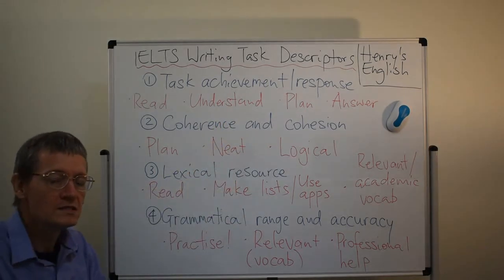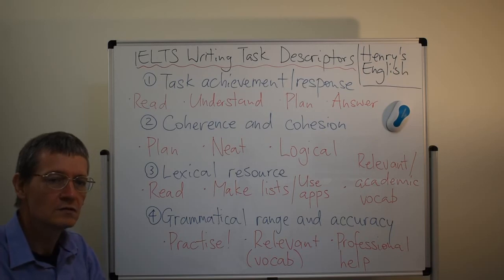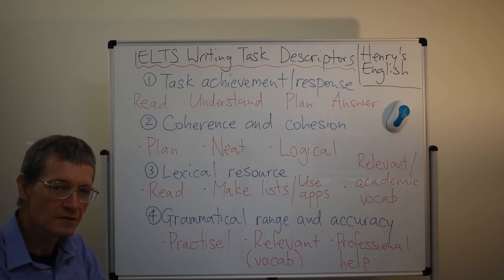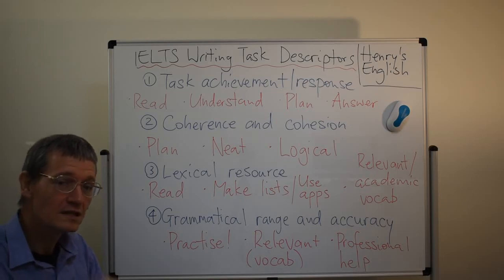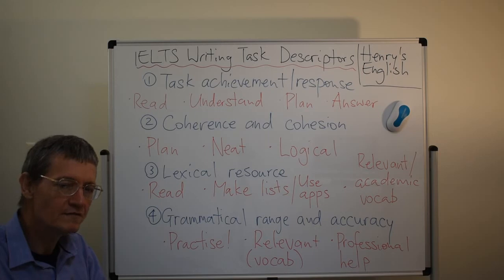Because the problem is that if you have the wrong idea of the question, and sometimes these questions can be very tricky, they will trick you into thinking they're asking a different question. If you start writing about some other topic that's slightly different from the one that's being asked, your grades will come down significantly.